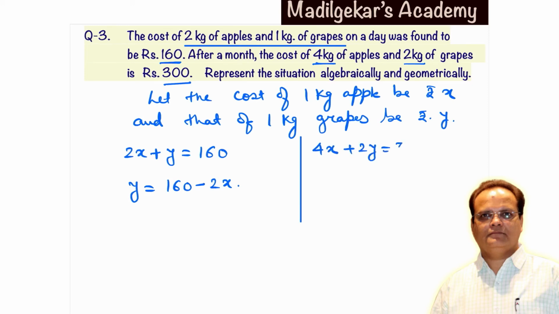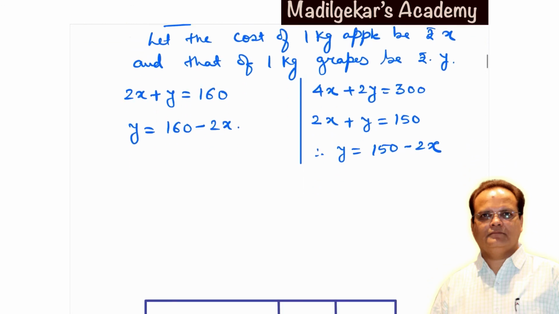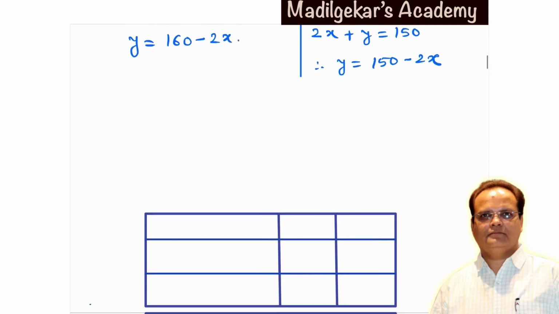This is rupees 300. You first divide by 2. So we get 2x plus y equals 150. So from this, y is 150 minus 2x.